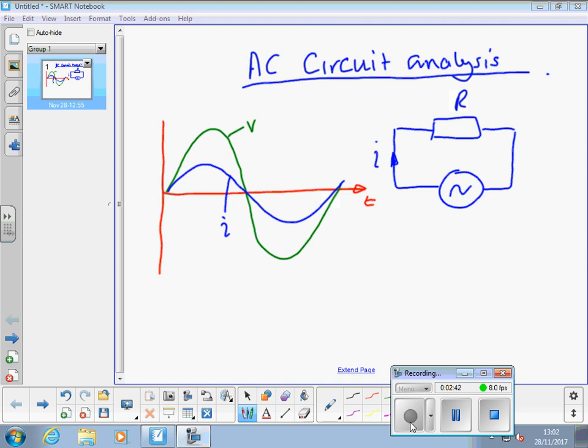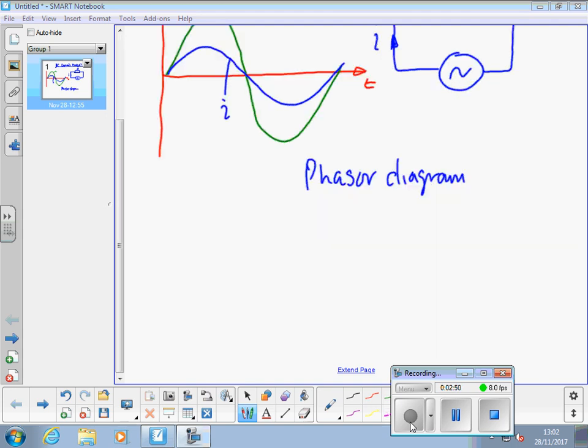And we can draw a phasor diagram such that the current I is represented on the horizontal axis, and that should be capital I because we're talking about the length of that line, which is the peak of that waveform.